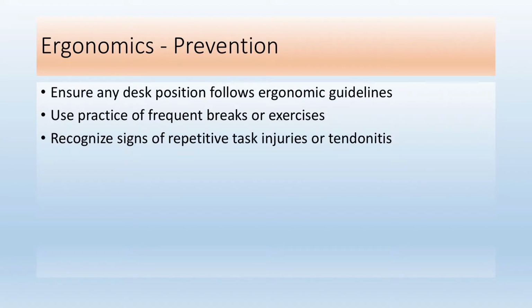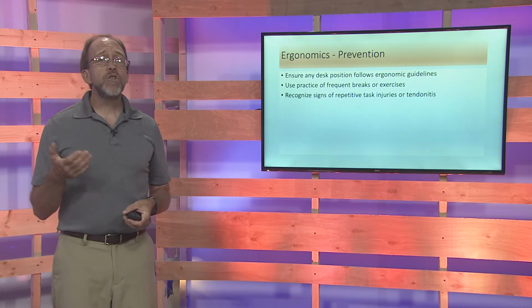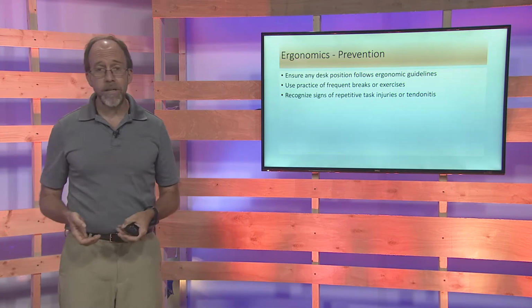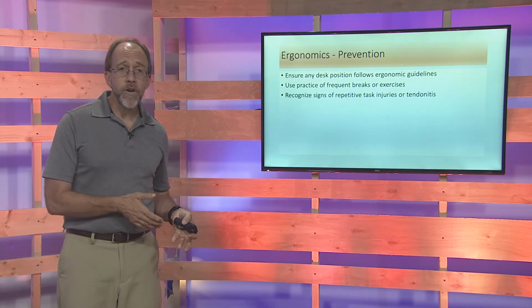So, how do you prevent this? Well, the first thing is very simple. There is a lot of research in ergonomic design, and you simply use the best practices of ergonomic design. You need to recognize the signs that these injuries are actually occurring. If you know that they're occurring and you know that it is probably due to a non-optimal ergonomic situation, it's not that difficult to figure out how to change that ergonomic situation.